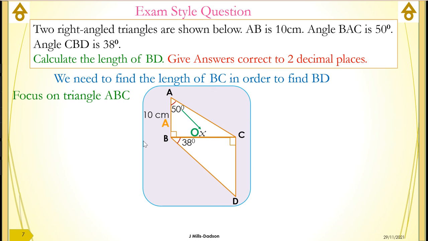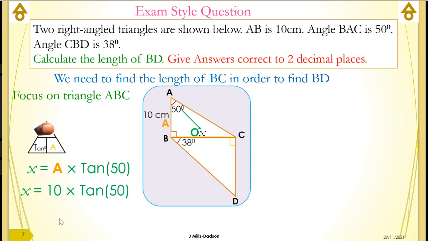That is the adjacent. So we're going to use the tangent triangle formula. We are looking for O, so we cover O. So that means it's A times tangent of 50. So x now is A times tangent of 50. A is 10, so 10 times tangent of 50. That will give us 11.92.